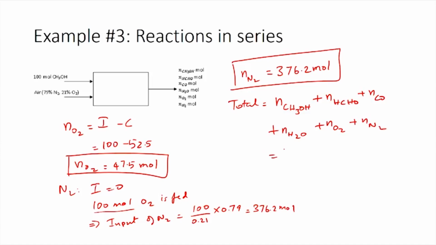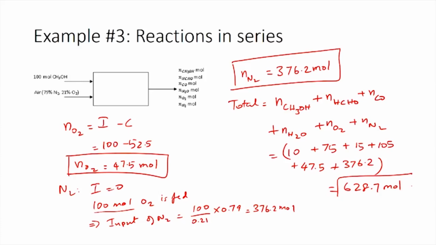So, adding all these values, we have 10 plus 75 plus 15 plus 105 plus 47.5 plus 376.2, giving you a total number of moles as 628.7 moles. Using the individual number of moles for each of the components and the total moles, we can calculate the mole fraction or mole percentage of each of the components in the product stream.